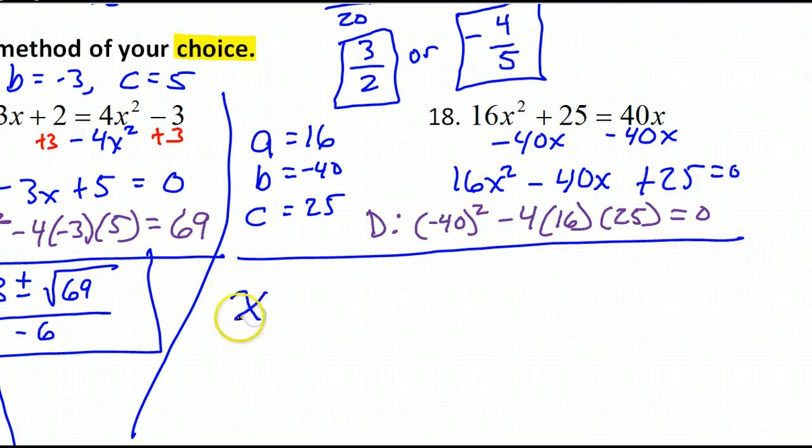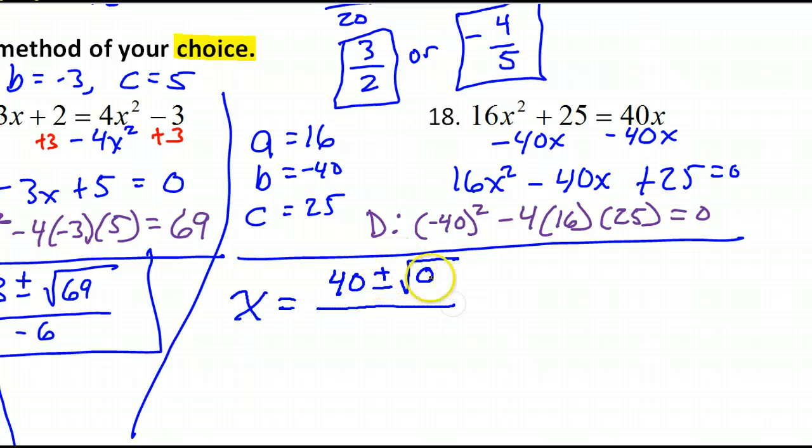If I want to find my solutions, it's opposite of b. Okay, so b is negative 40. So the opposite of b is positive 40, plus or minus square root. Well, the discriminant was 0, so that's going to really disappear. All over 2a. So 2a is going to be 32, because 2 times 16.